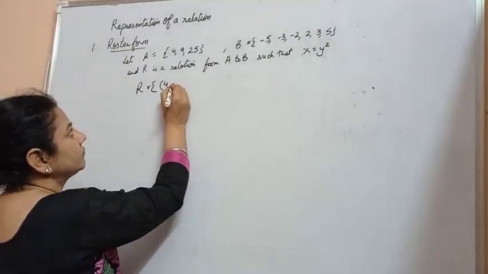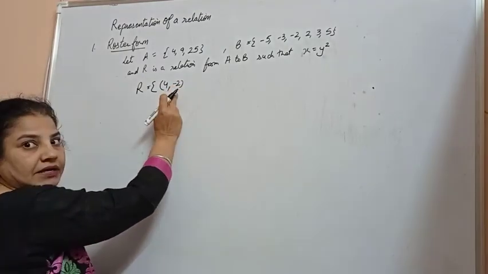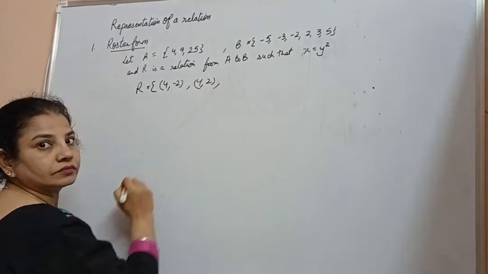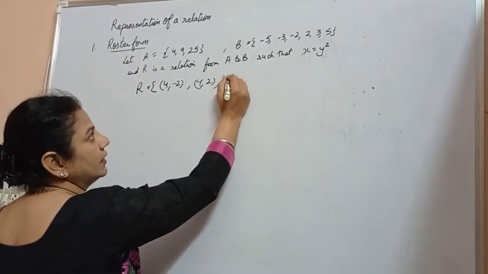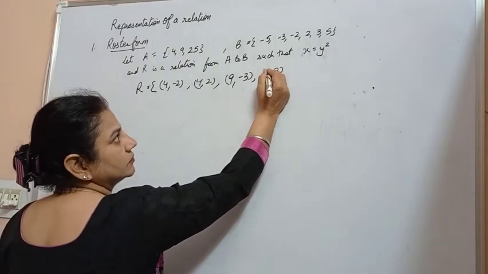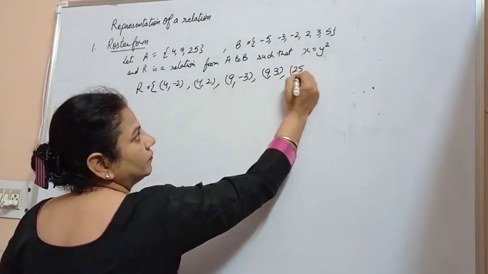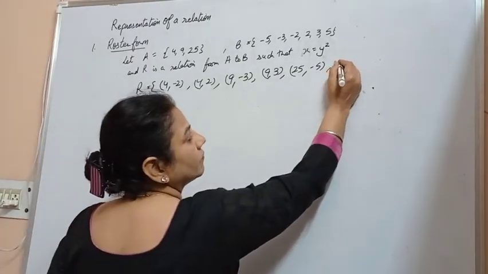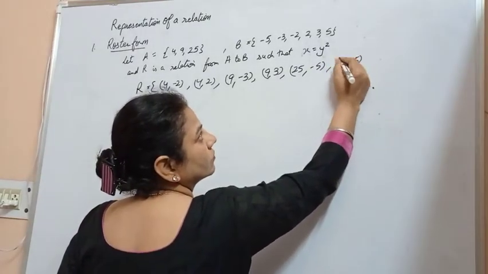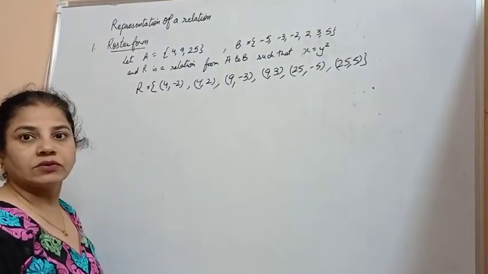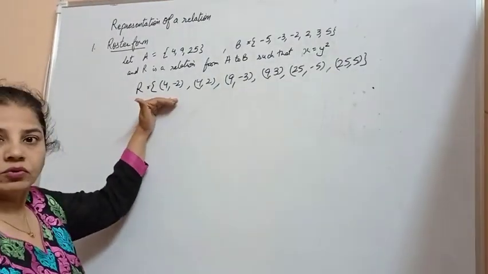That gives me -2, as -2 square is 4. Also (4, 2). Similarly, if I take 9, 9 goes with -3, and (9, 3). And for 25, -5 square is 25 and 5 square is also 25. So this is how the relation is given in roster form.